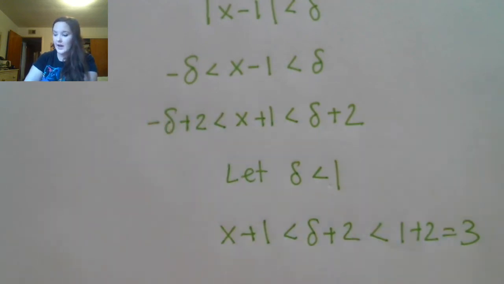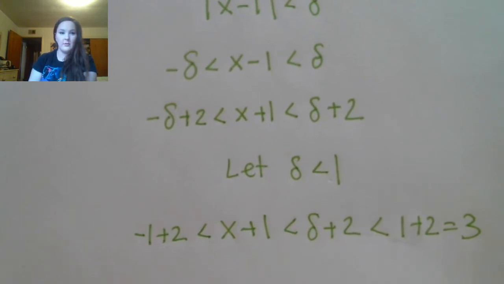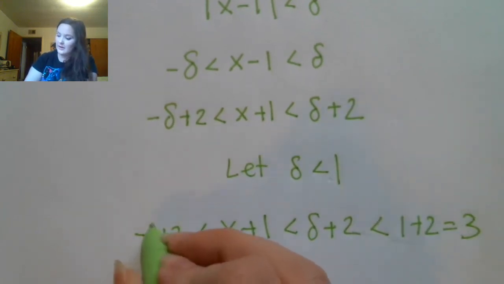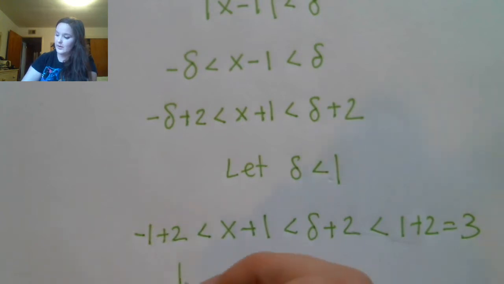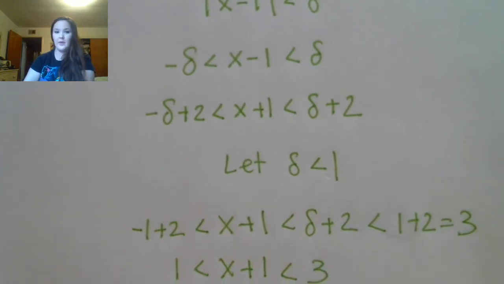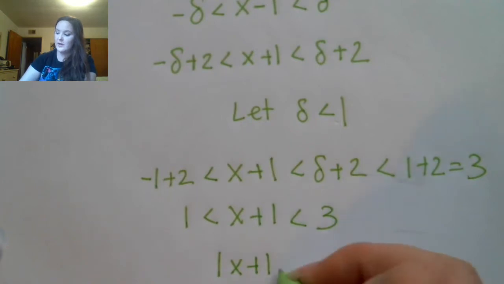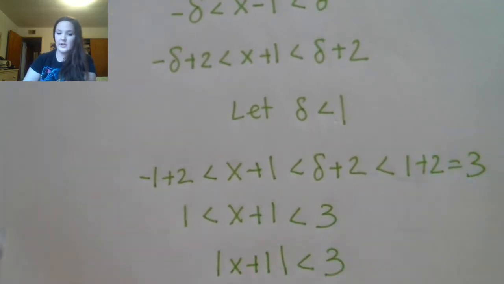So we have the same thing over here: this is going to be no bigger than negative 1 plus 2, which is just 1. So we can safely say that the absolute value of x plus 1 is going to be less than 3.